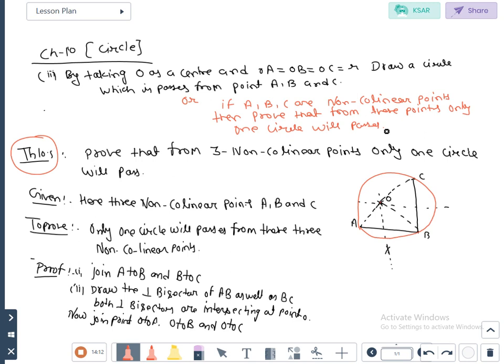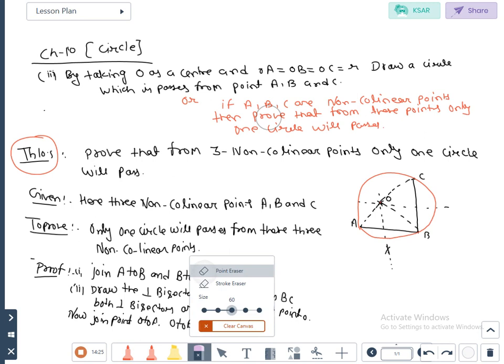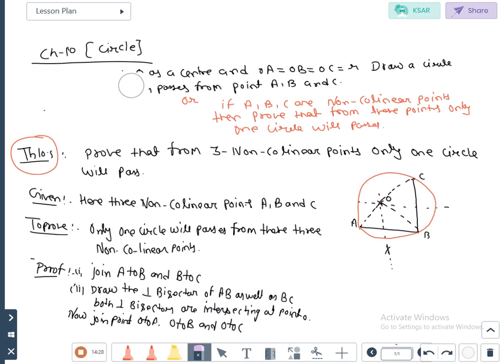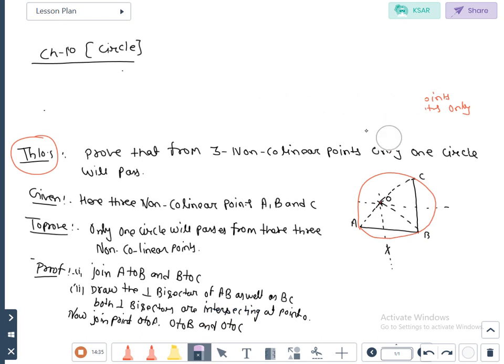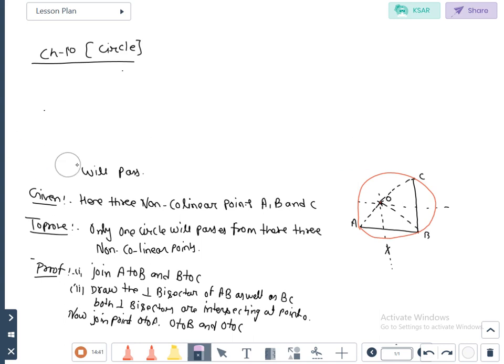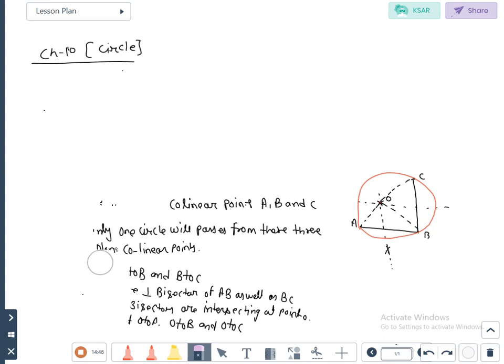Now next we will see how we will find out the center of the circle. If we draw a circle with the help of a bangle, then students, how will we find out the center of the circle? If we draw the circle with the help of a compass, then we can easily find out the center. But if we draw the circle with the help of a bangle or a coin, then how will we find the center?